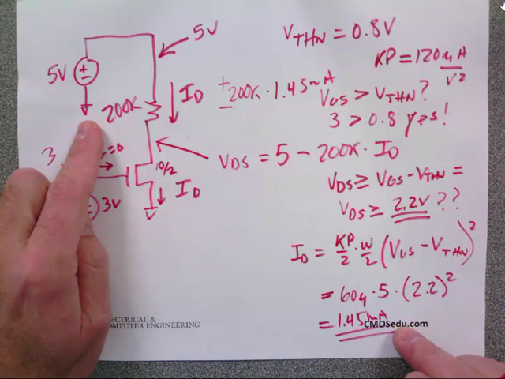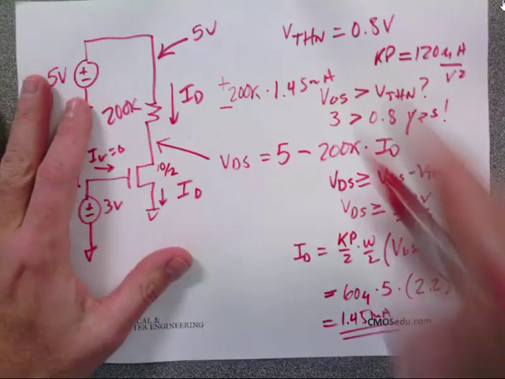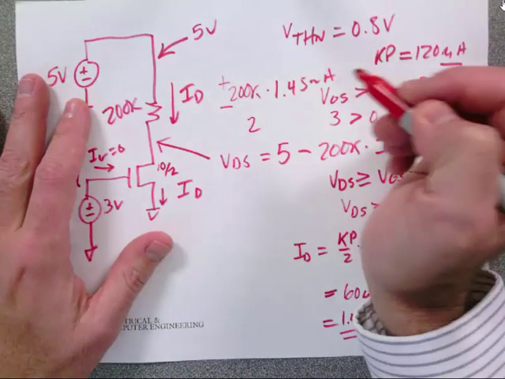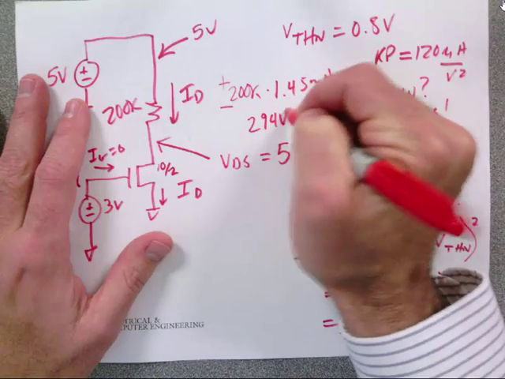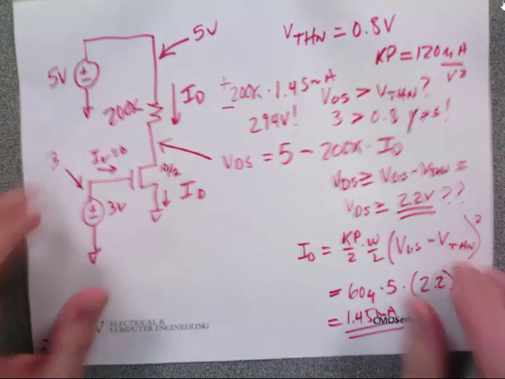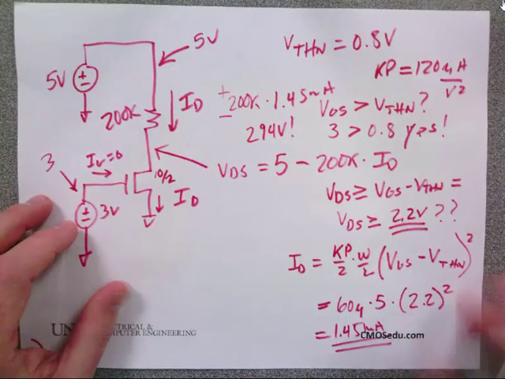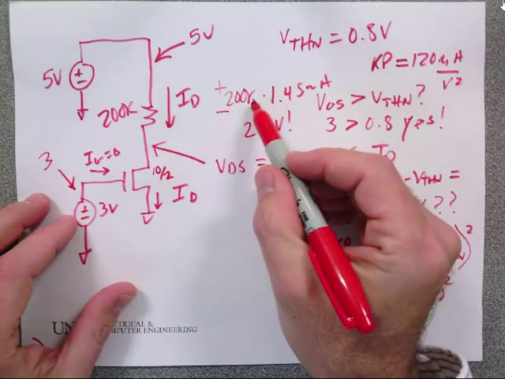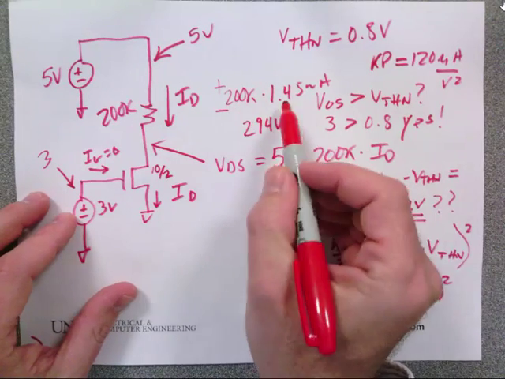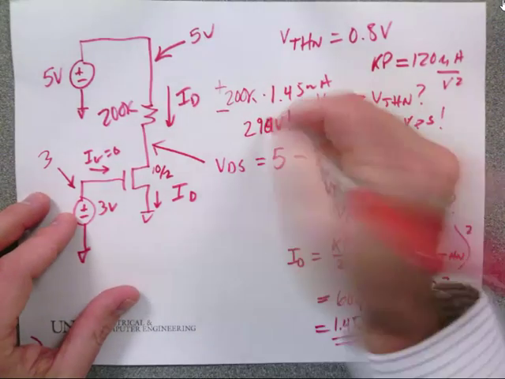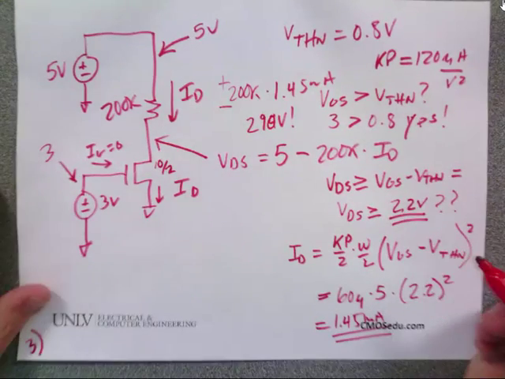What's that? 294 volts? That ain't working, is it? Because milli times K is 1. 200 times 1.45 is 290. Yeah, whatever, close enough.